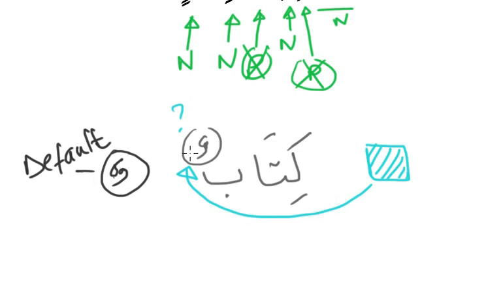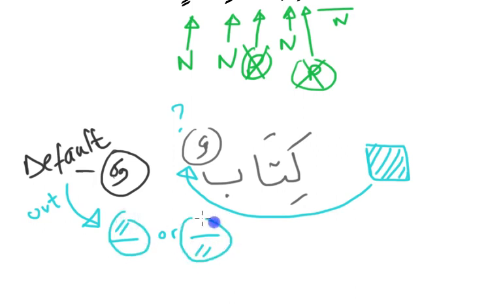So this word that comes before kitab can take it out of the default state and make it become two fathas or two kasras. So you have two fathas there, or you have two kasras there, and this word can do that. So it can become kitaban or kitabin, and it all depends on this word right here.